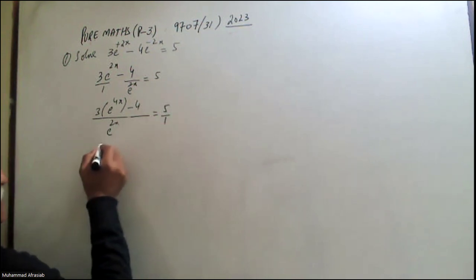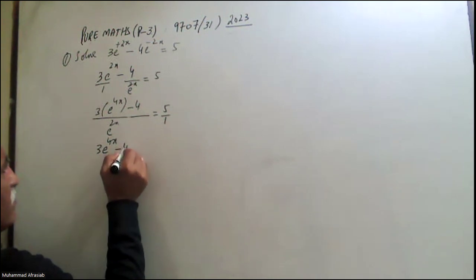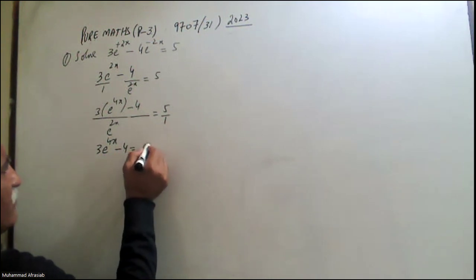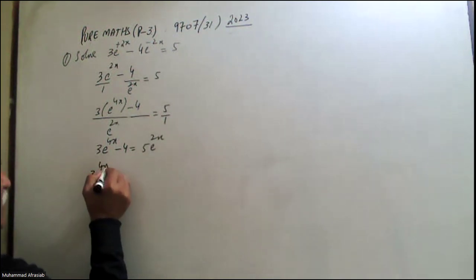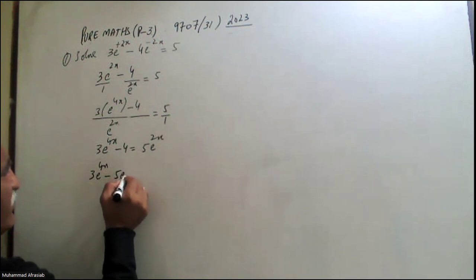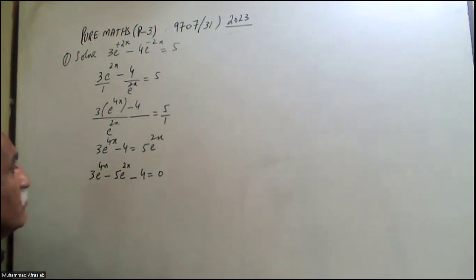Now you can cross multiply. So 3e^(4x) minus 4 is equal to 5 into e^(2x). This is 3e^(4x) minus 5e^(2x) minus 4 equal to 0.